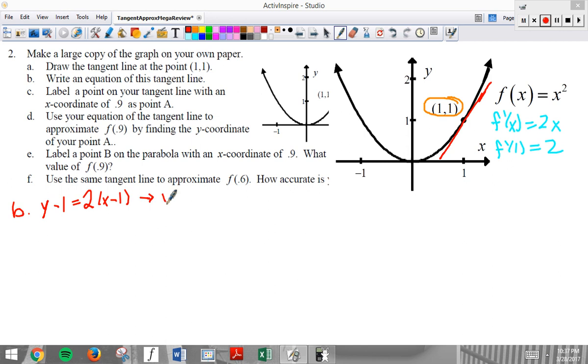And for this unit, it'll be really helpful to have it solved for y: y equals 1 plus 2 times x minus 1. Label a point on my tangent line with x coordinate of 0.9 as point A.